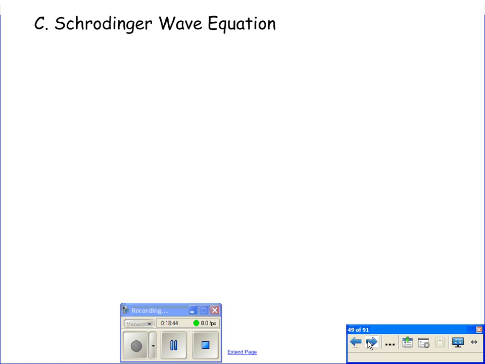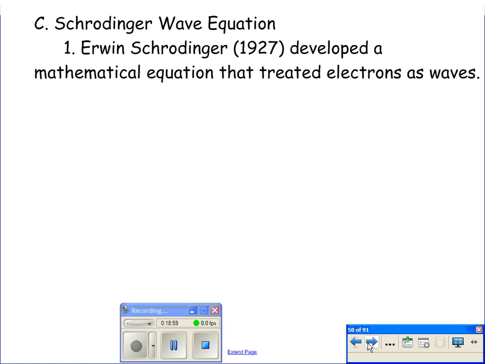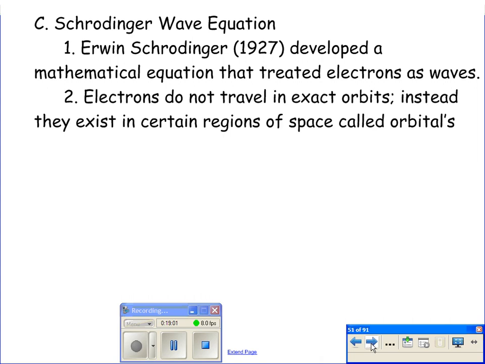He had a mathematical equation that helped set up where the possible locations of the electrons were. This model was called the quantum model.